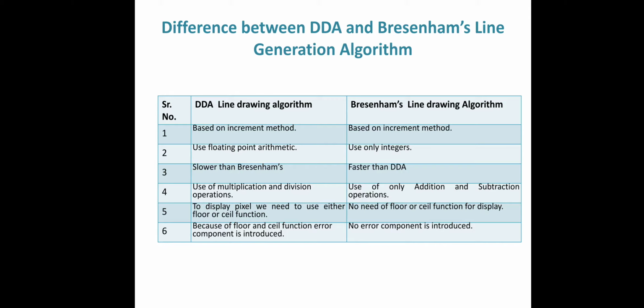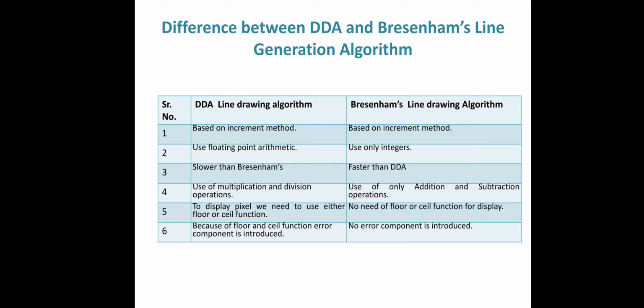The next thing: to display the pixel we need to use the floor and ceil functions. I have already told you that in DDA we use the ceil and floor functions to convert the arithmetic values into integers, whereas in Bresenham's we work on integers only, so there is no need to use ceil and floor functions for displaying any particular point on the screen.